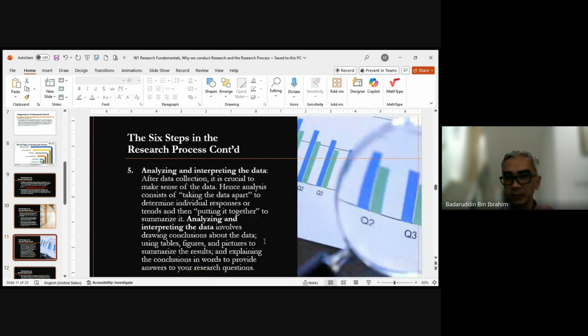Okay, and of course, the fifth step is analyzing and interpreting. As I mentioned earlier, the importance of data analysis is as important as interpreting the data.